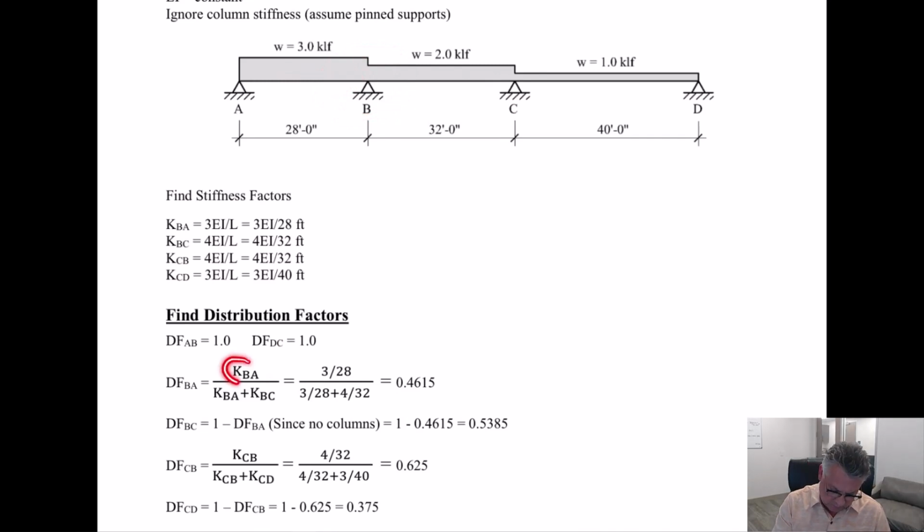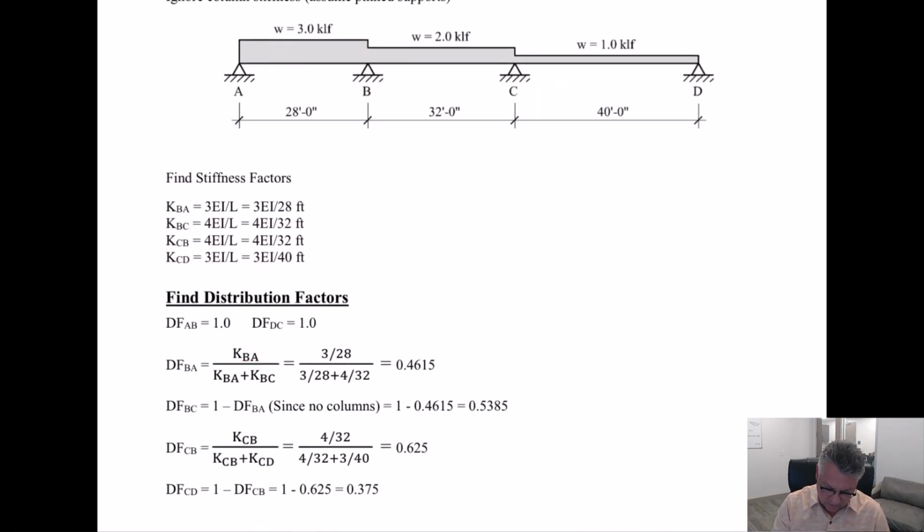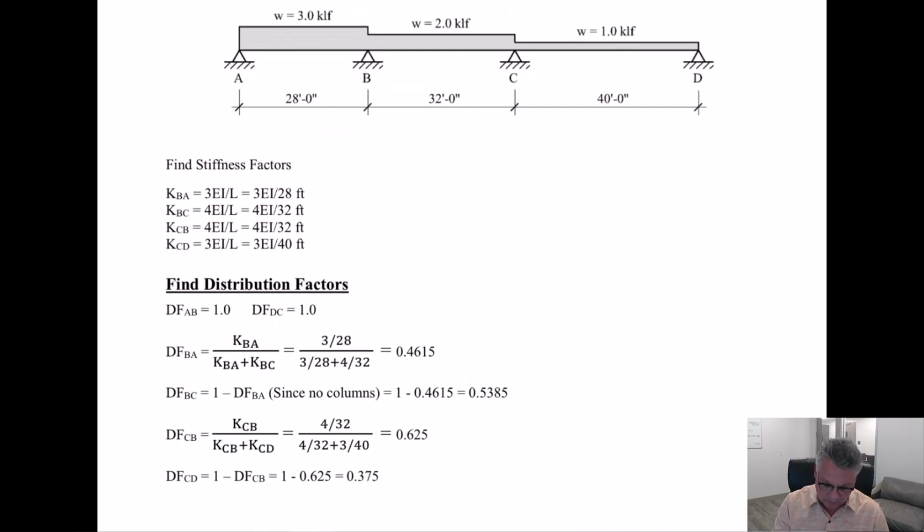So the stiffness of BA we had established was 3 EI, and the EIs are dropping out now, over that L, divided by the stiffness of both sides. So stiffness of B to A again was that same 3 over 28 plus 4 over 32. So that's the stiffness here.